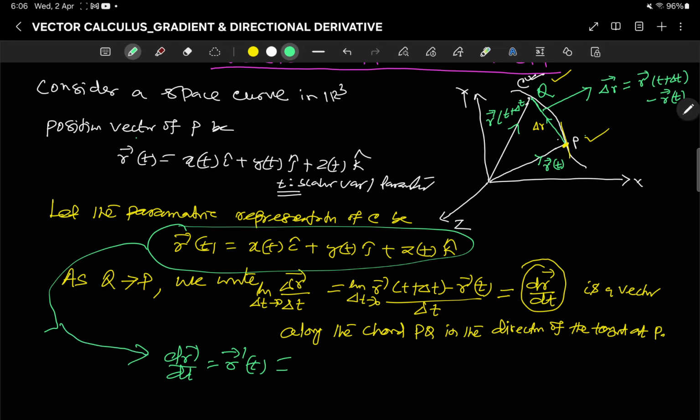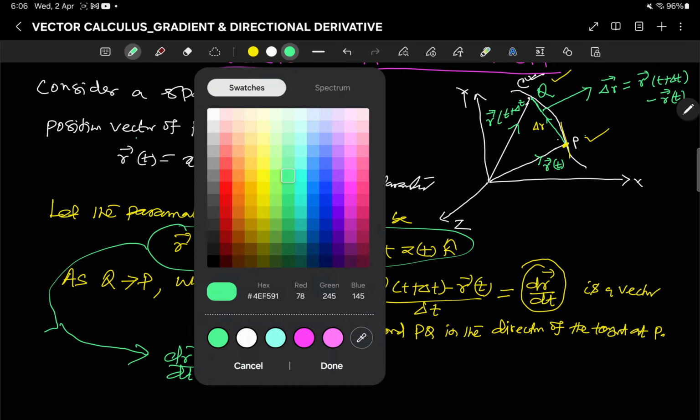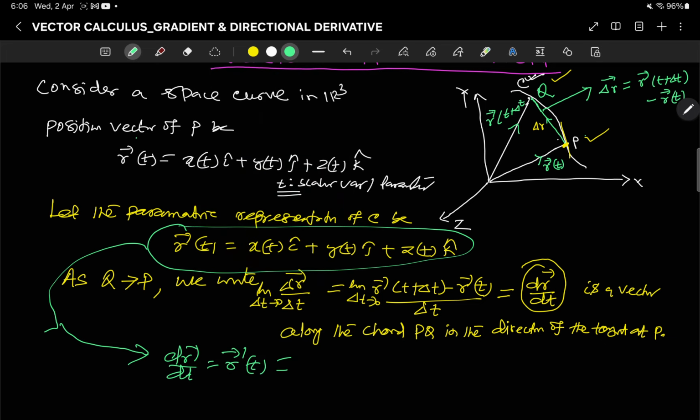So now this r dash t means we just differentiate it component wise.